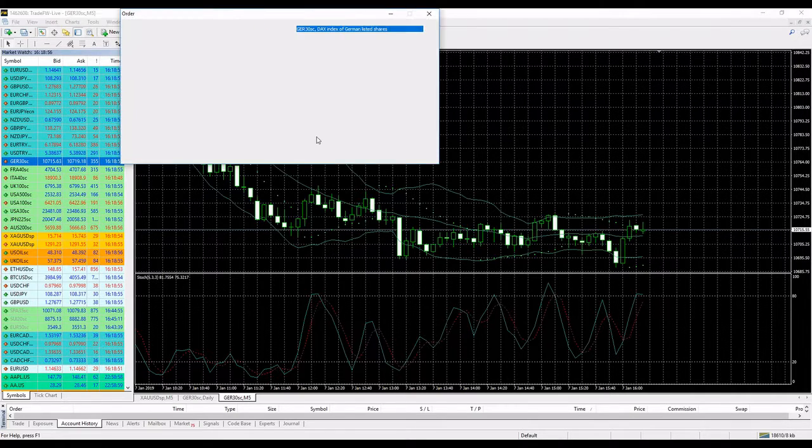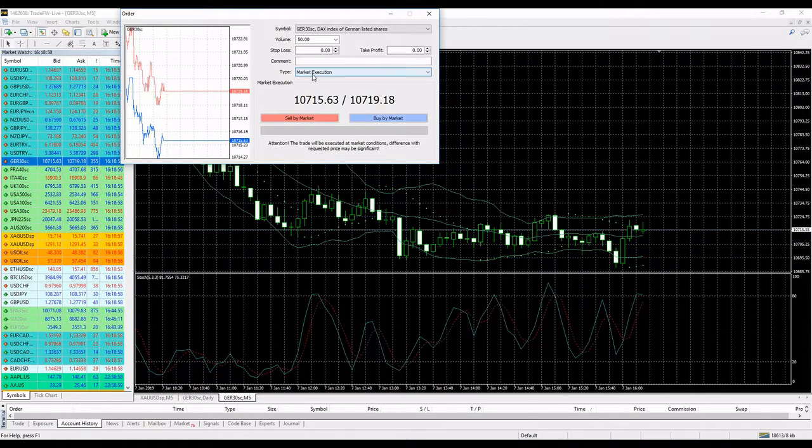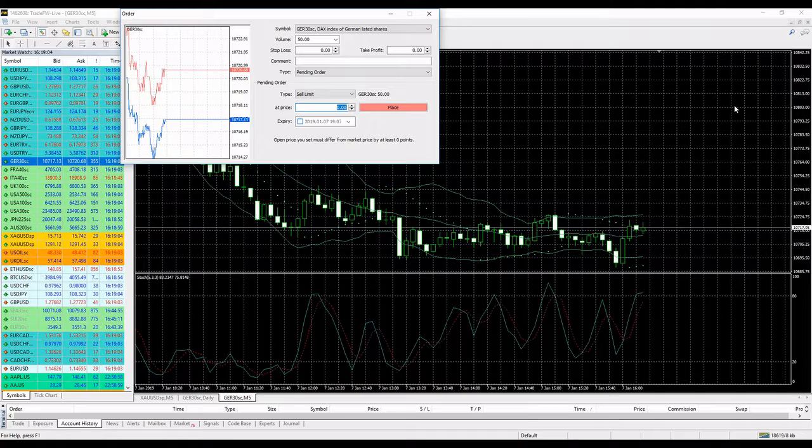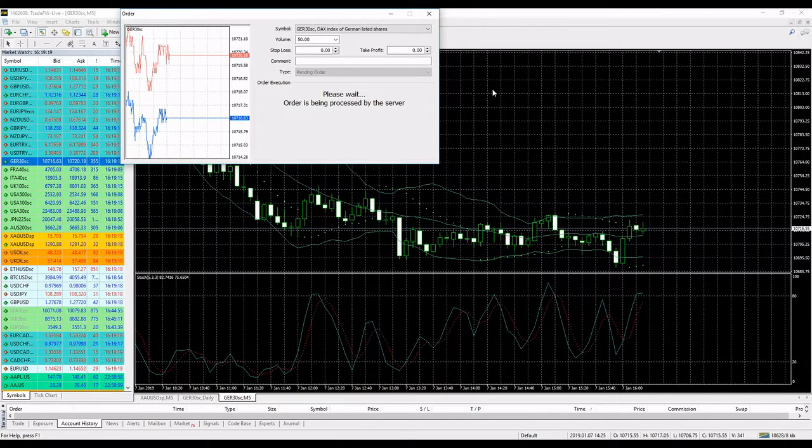We put our new order. We are going to a pending order, a sell limit when the price gets to 10,725. We want to sell DAX. This is what we want.